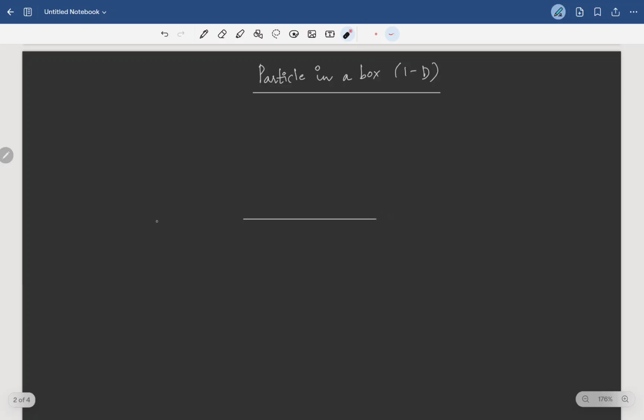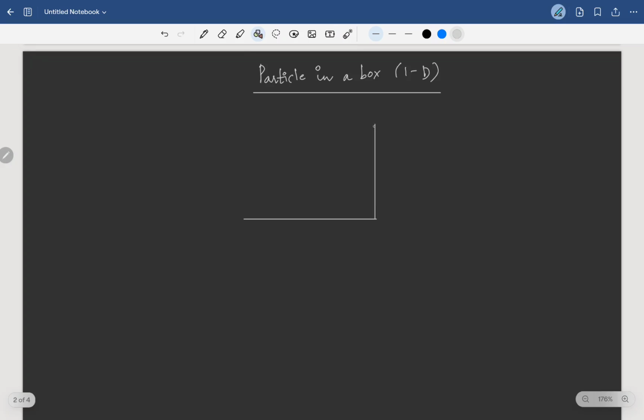The probability of finding the particle is 0 beyond this confined line. So we'll say that the potential here is infinity.